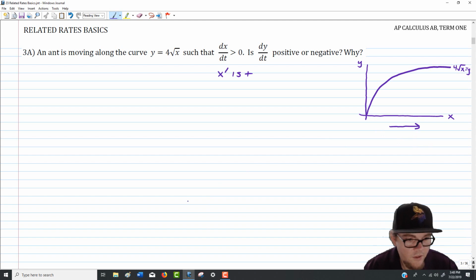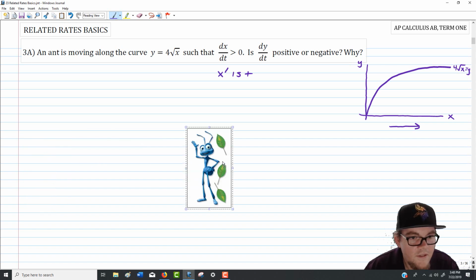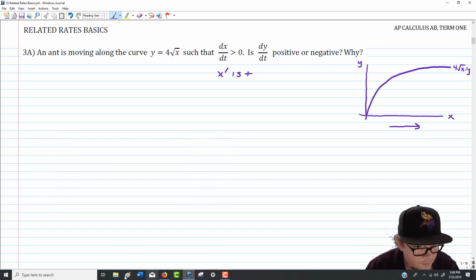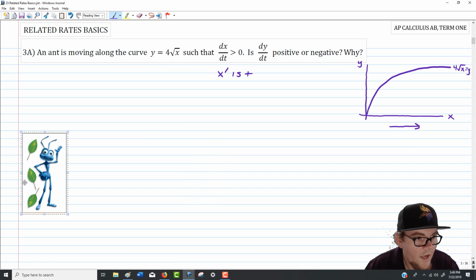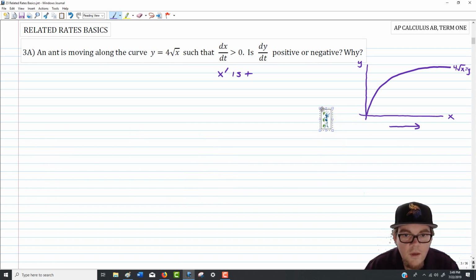So our ant says that x prime is positive. That means that our ant is moving along the curve in this direction because its x velocity is positive. So horizontally, it's moving in a positive direction.